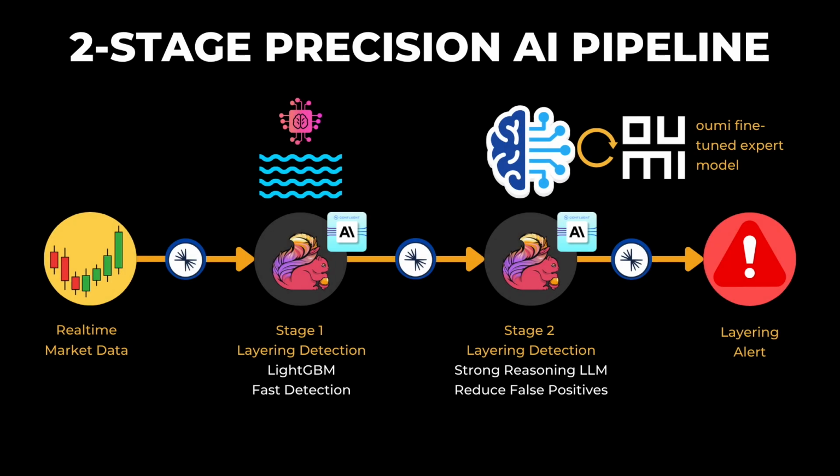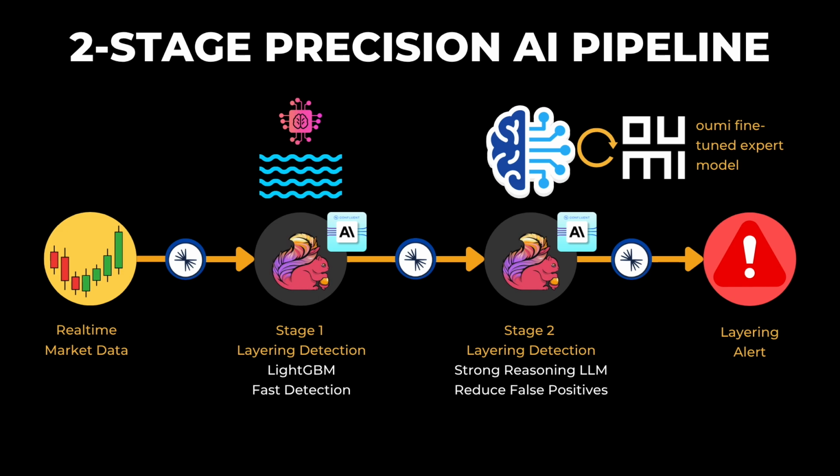Before the demo, let me briefly walk you through the design of our real-time layering surveillance system built with Confluent Intelligence. We designed a two-stage precision AI pipeline to balance speed, efficiency, and accuracy in real-time market surveillance. Real-time market data flows continuously into Stage 1, where a fast LightGBM detection layer identifies potential layering activity as quickly as possible.